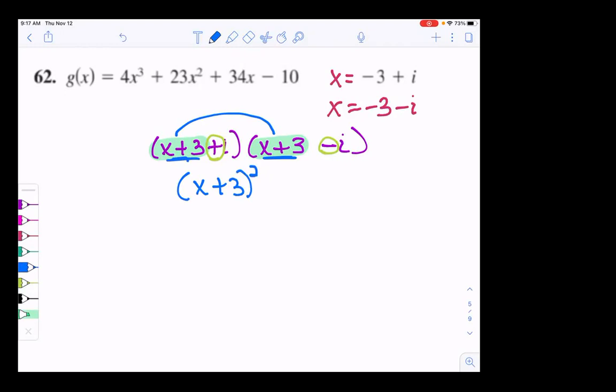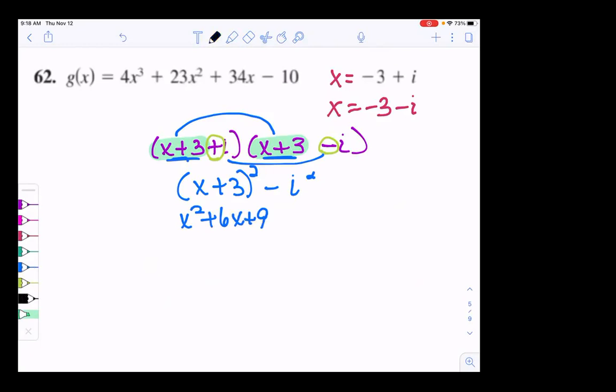Well, if I'm FOILing them, multiplying them together, my inner terms are going to cancel with my outer terms, so I'm not going to write them, and that happens with every single conjugate. But my last term would be a positive i and a negative i, which makes a negative i squared. So again, I'm trying to find the equation that these zeros would have come from. If I FOIL this, I get x squared, 6x and 9.